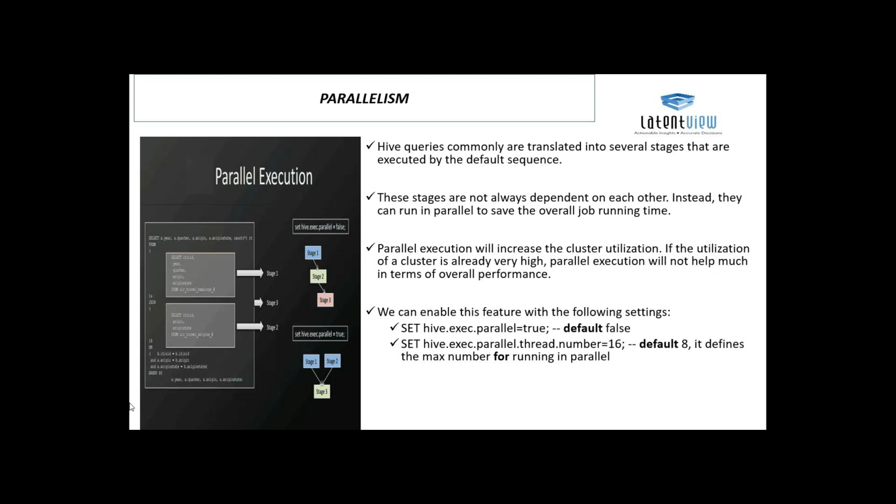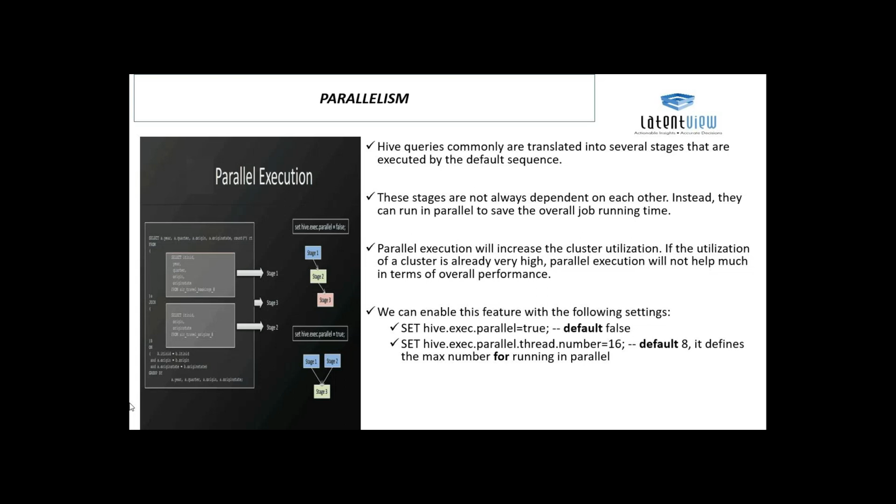What that means is how many stages or threads can run in parallel is decided by this number. By default this number is set to 8, and you can increase it depending upon how huge your query is and how many independent tasks you have in it. So these two parameters will define your parallelism.